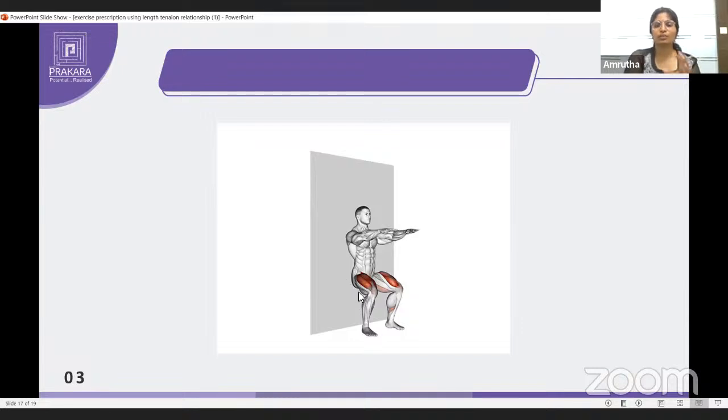Here, whatever concept we have covered till now, length tension relationship, optimal length, exercise prescription, is using only isometric exercises. Here, forget about whether the muscle is a two joint muscle or one joint muscle.